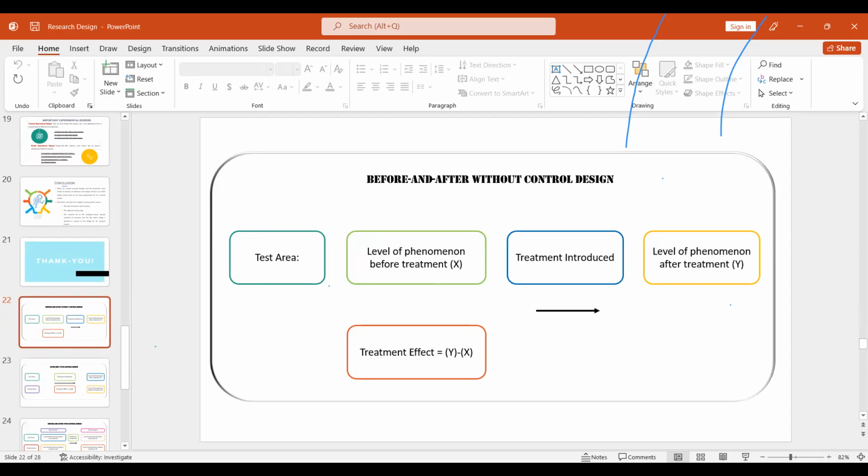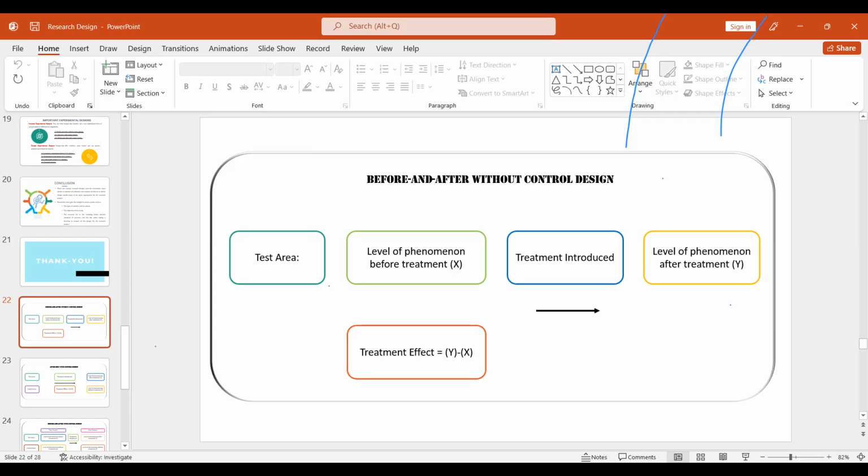Test area, level of phenomena before treatment. Say for example, the area where a particular crop is supposed to be sown. Suppose you test this particular area, like a city like Aligarh or nearby, to grow rice, yielding rice.